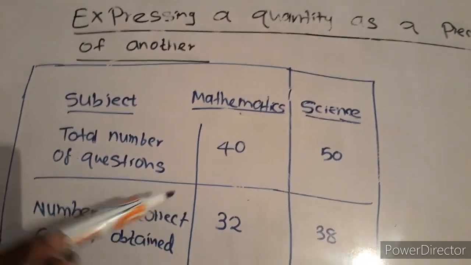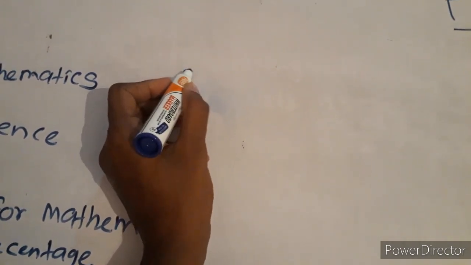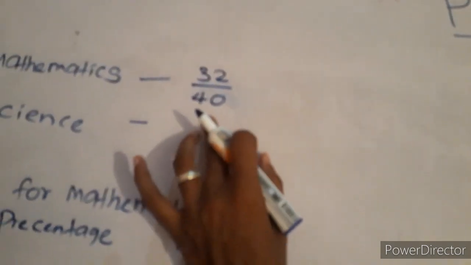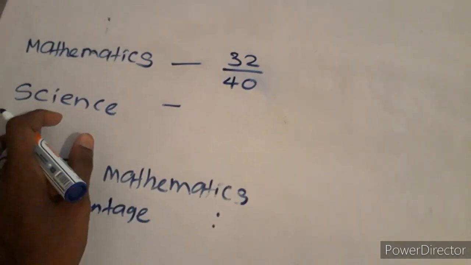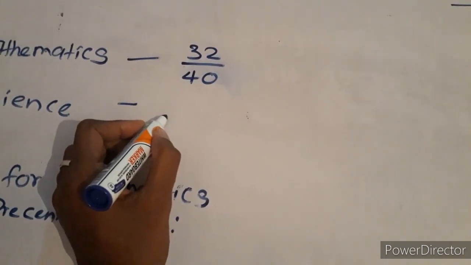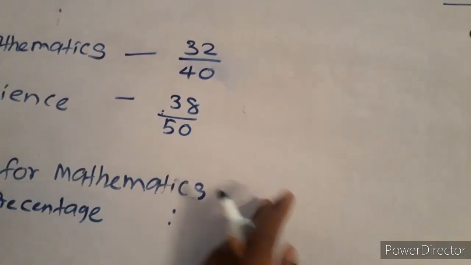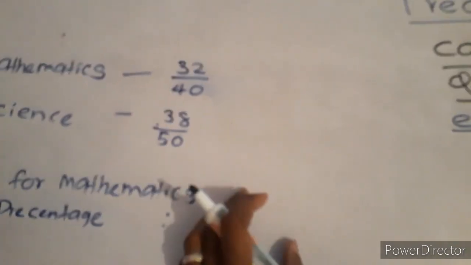The total number of questions is 40, and 32 were correct, so 32 upon 40 is the fraction. For science it is 38 upon 50. So we wrote each quantity as a fraction.